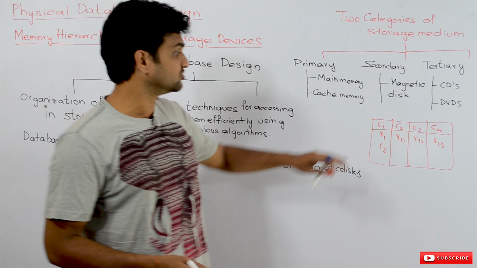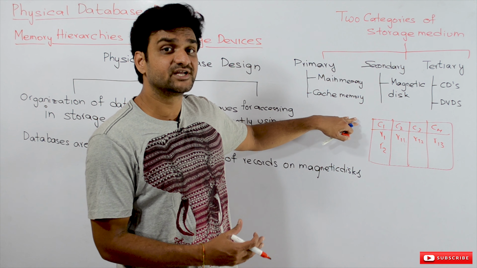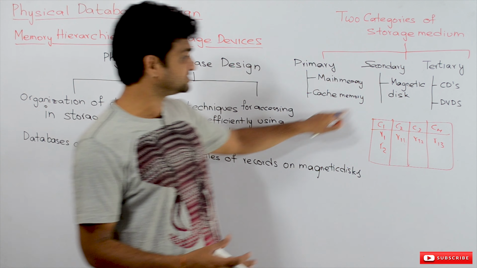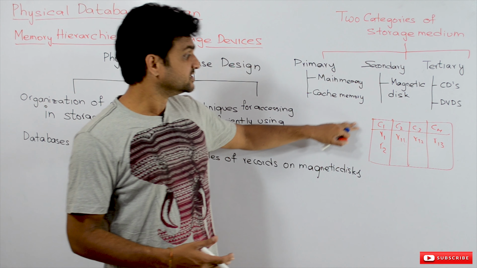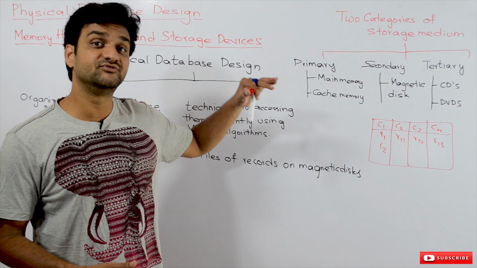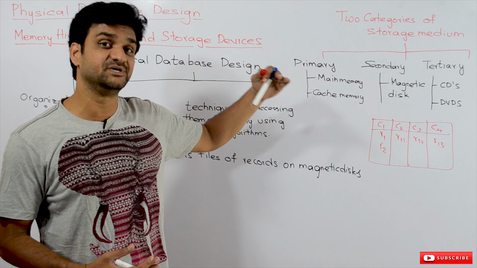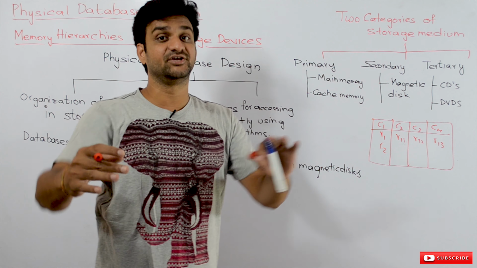This is our visualization, but how will these tables get stored on the computer? Will they get stored in this way, columns and rows, as this table structure? No. The storage of these tables onto the memory is going to be in a different way.